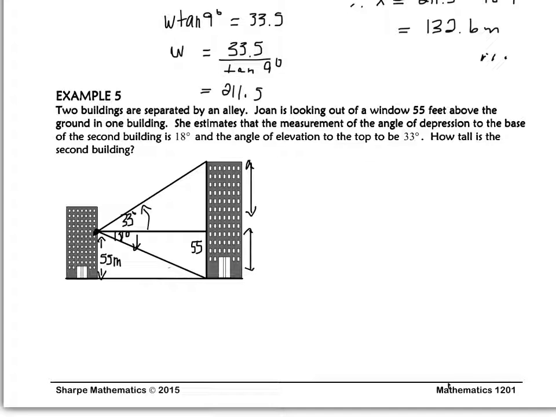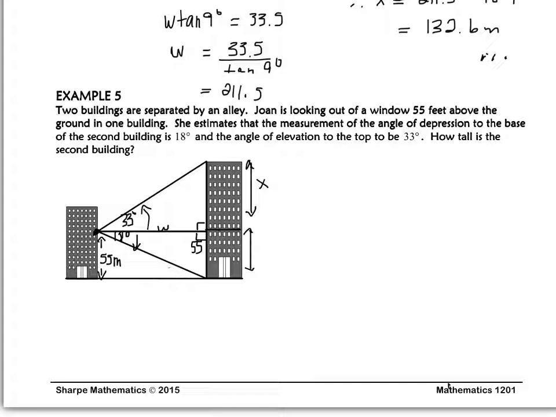So if this is 55, then what I want to find is this right here, because I know up to here is 55 and I want to add this on to get the height of the building. So I don't have enough information in the top right triangle. I have to use the bottom right triangle, and it would make sense to find this piece right here because that is a side in the other triangle that I want to use.